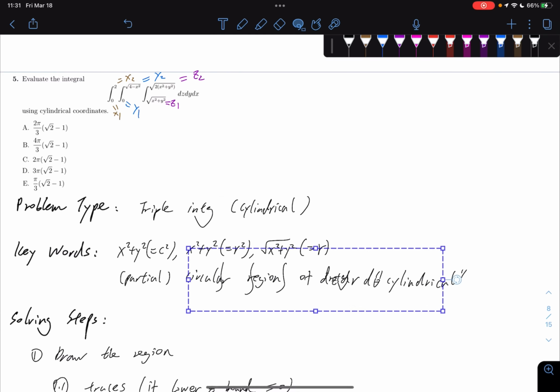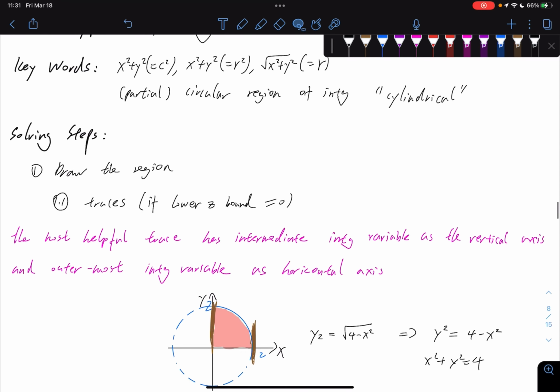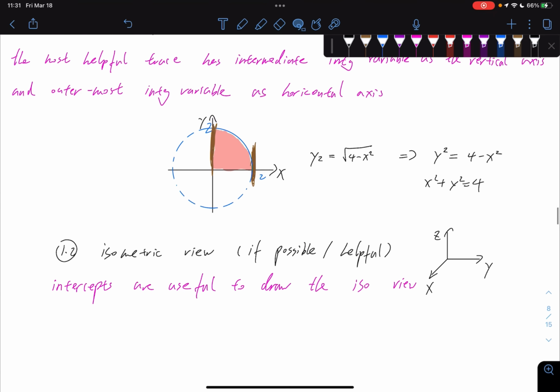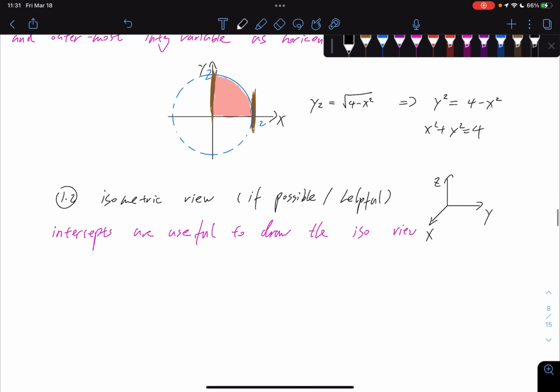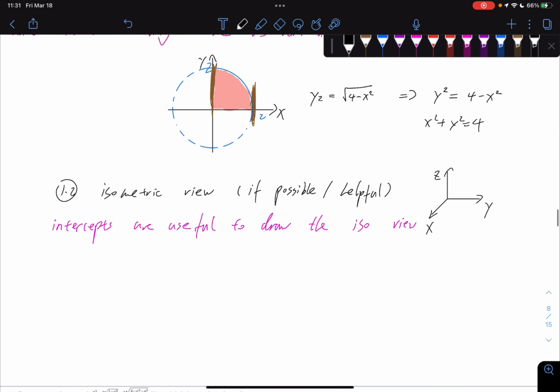So let me delete this. So once we draw the region, we're going to find the area of integration. Area of integration, we haven't found it. So we're gonna skip that.